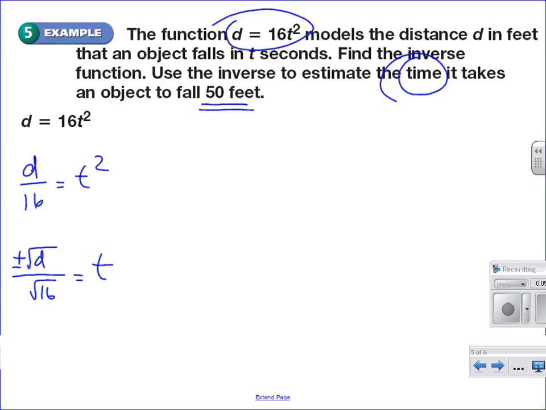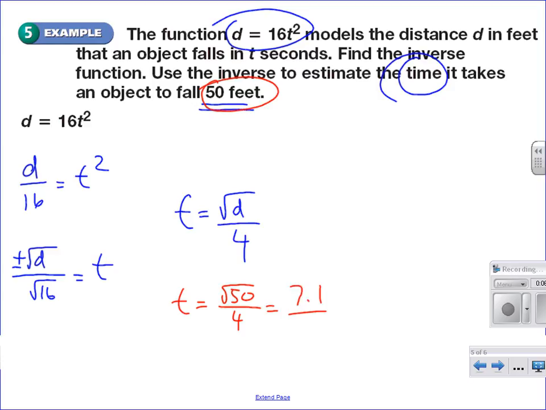I'm not interested in negative distance or negative time here. So time equals the square root of d over 4. If I'm going to solve this equation, hopefully they give me the distance: 50 feet. So time equals the square root of 50 over 4. The square root of 50, we know as a decimal is 7 point a little bit. So let's call it 7.1 over 4 seconds.